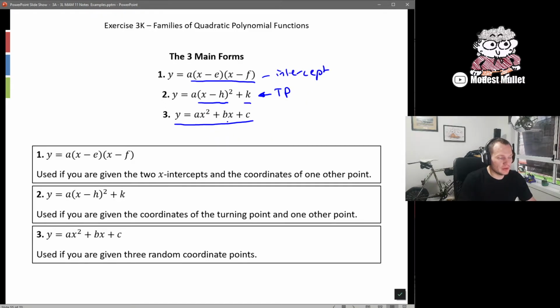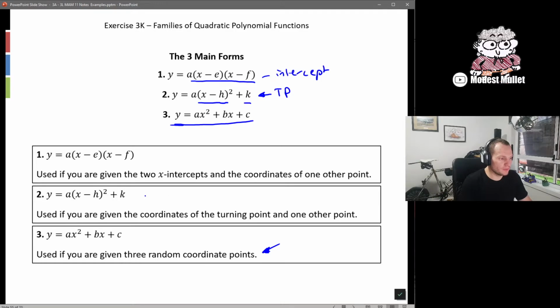The polynomial form is the most general. You use this third form when you're given three random points that aren't really special. They aren't intercepts, they aren't turning points. If you're given just three random data points or coordinates, you would use the polynomial form.